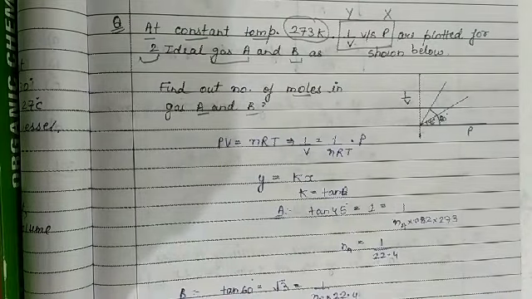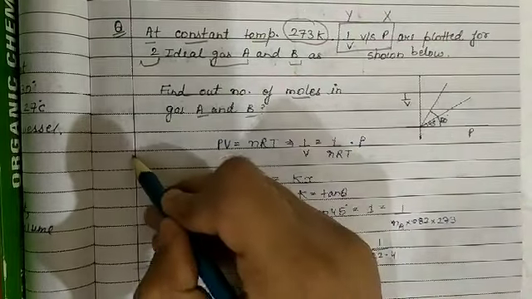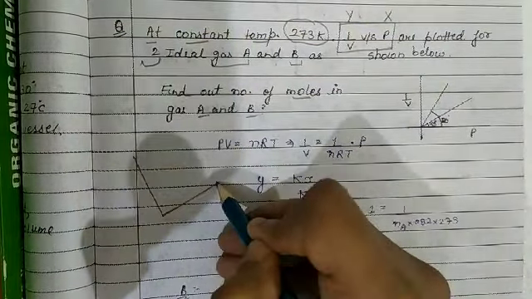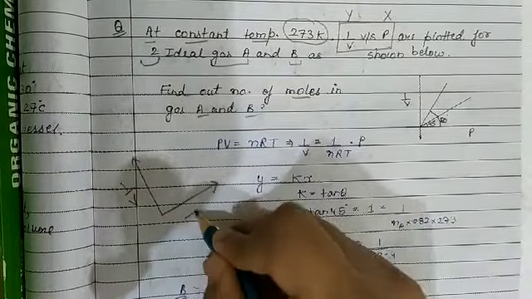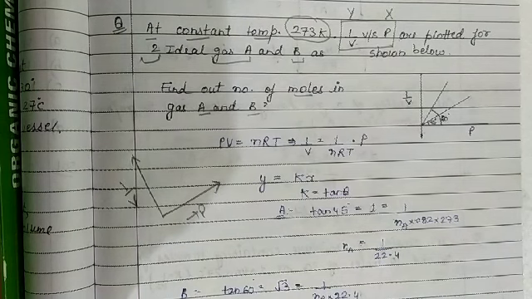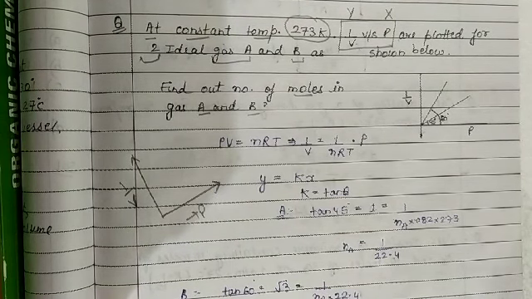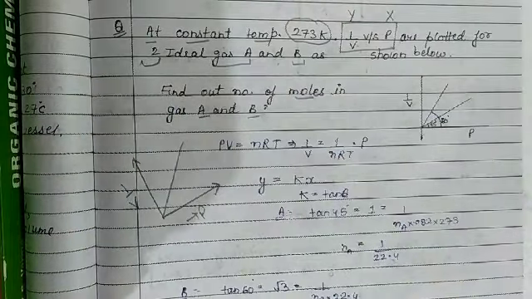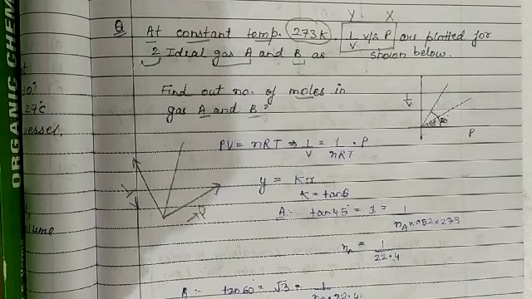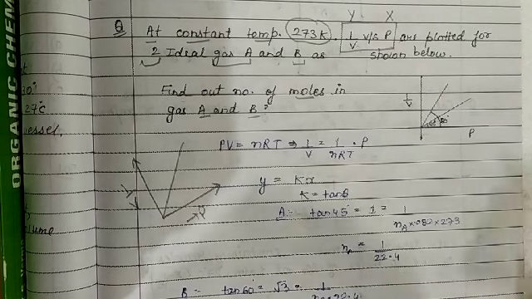See the graph. In the graph what is given there? For gas A, 1 by V versus pressure. First I am plotting for A. For A the slope is given, which is 45 degree.